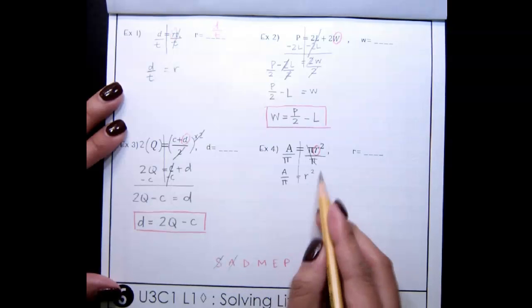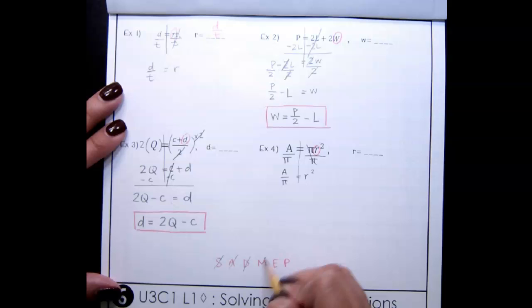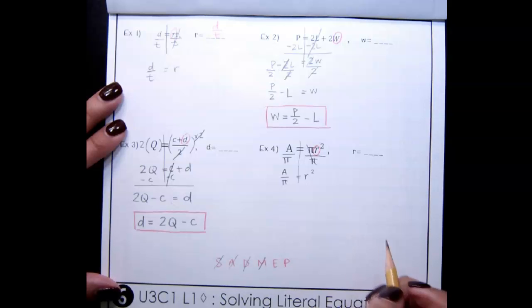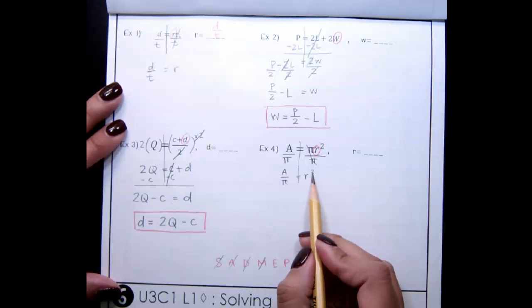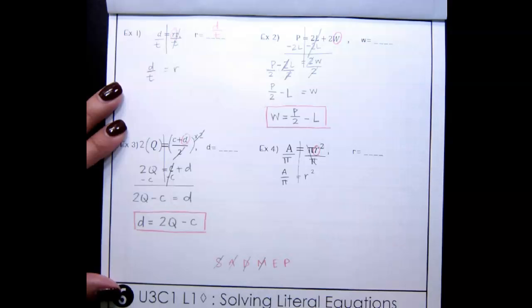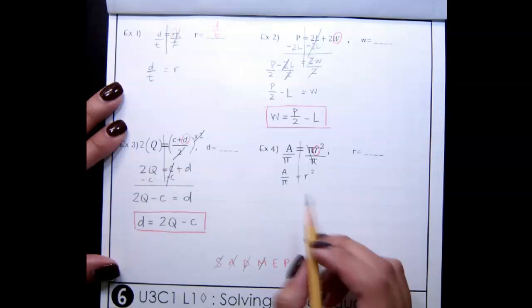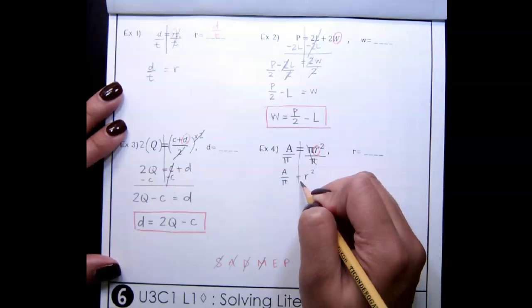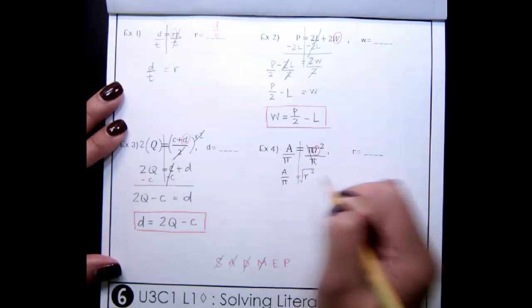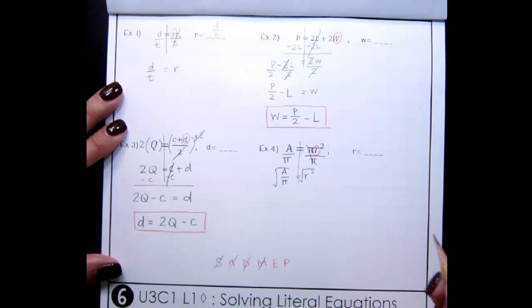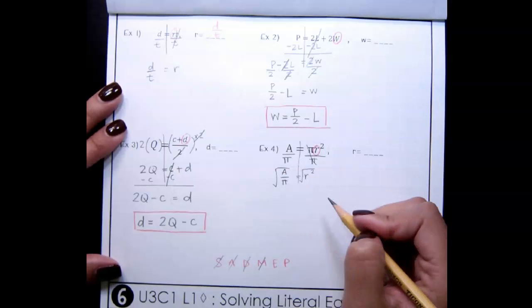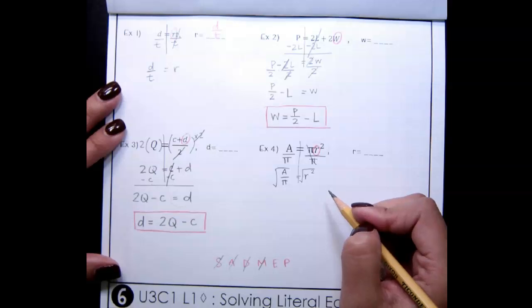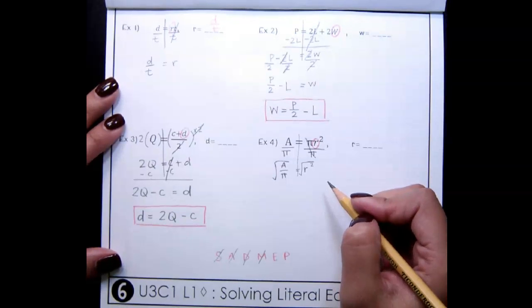I can't really do anything else here that means multiplication or division. But I do have an exponent. And the inverse, or to undo a squared, some of you may know you have to take the square root. You'll see these cool things. They're called radicals. You'll see those at the end of the year to get you ready for geometry.